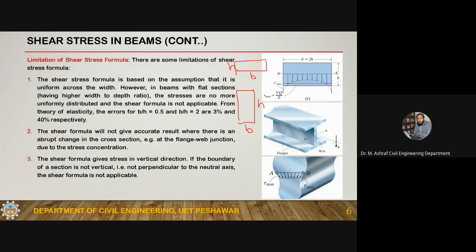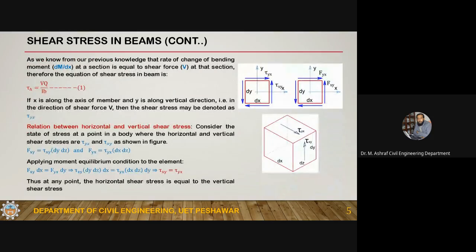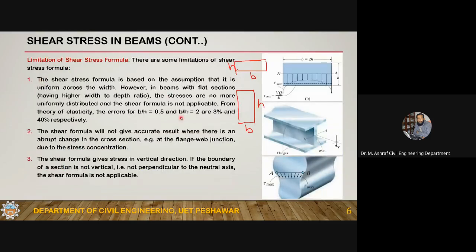Let's suppose the shear stress produced in a beam, calculated using this formula, is 20 psi. If the beam is flat with B over H equal to 2, then the actual value will be 1.4 times that of 20.